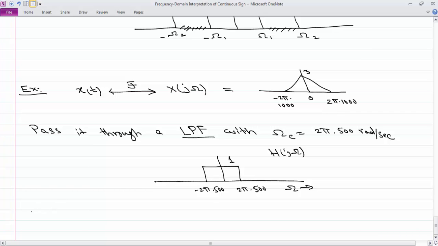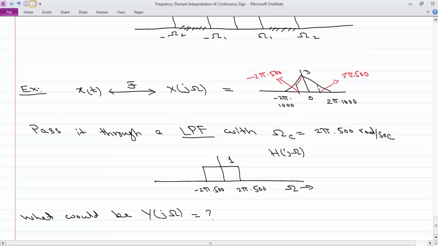So what will be the output frequencies, Y of j omega? Well, the answer is simple. 500 hertz is exactly at the midway of this point. So this is 2 pi 500, and this is minus 2 pi 500. This part is going to get multiplied by 1, which means we'll get back the same thing up to this point.